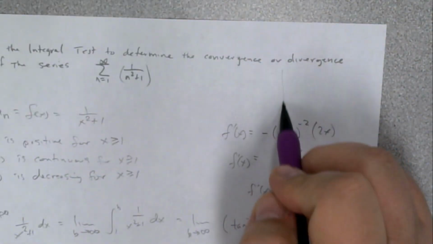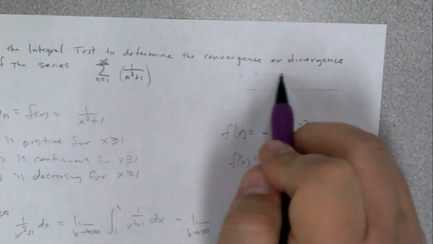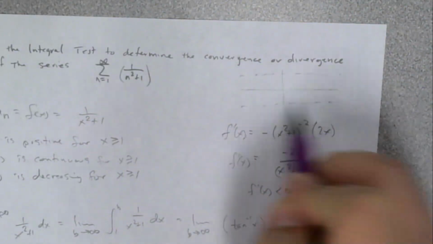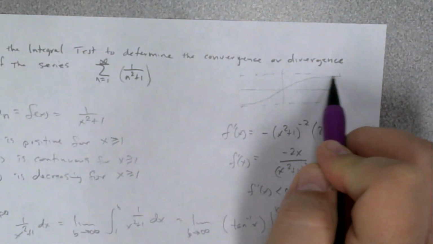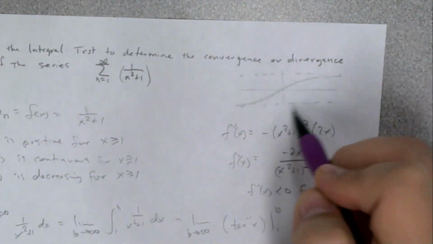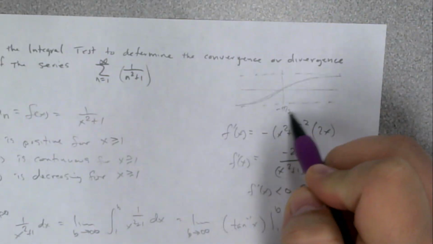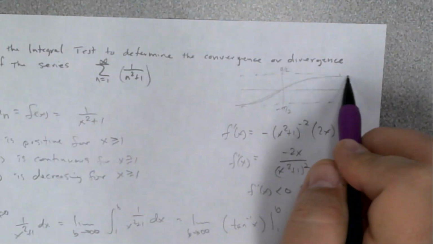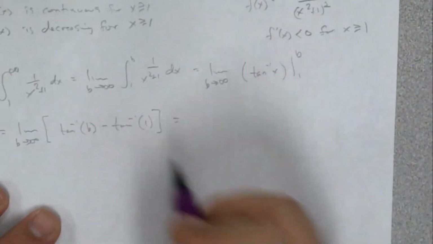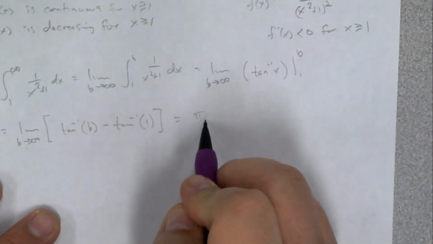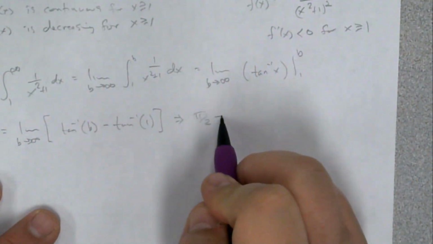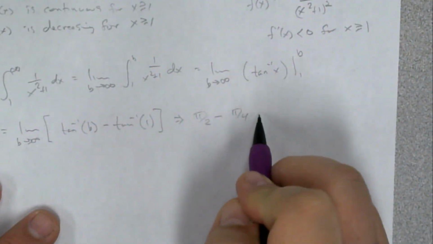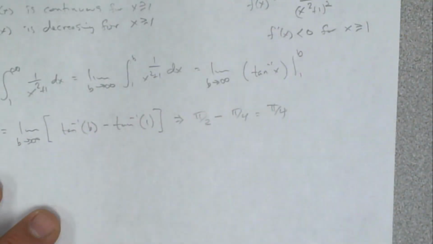The inverse tangent is defined like so, between negative pi over 2 and pi over 2. So as b goes to infinity, this is getting closer and closer to pi over 2. So that means this is going to be pi over 2 minus pi over 4, which is pi over 4.